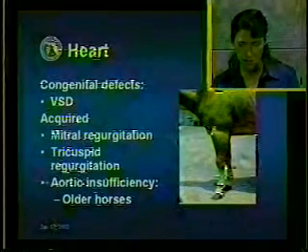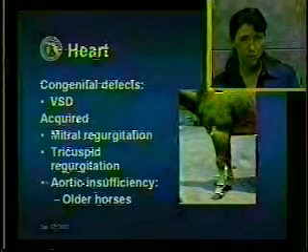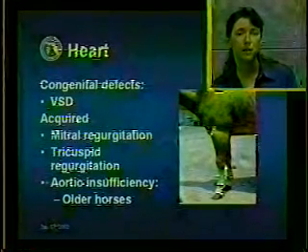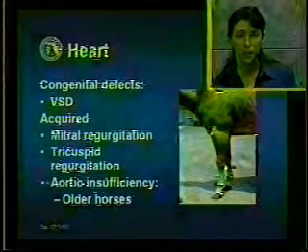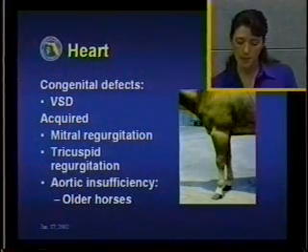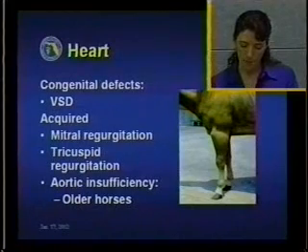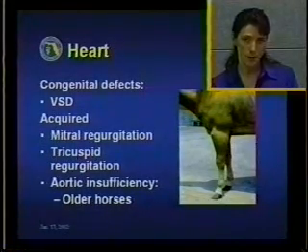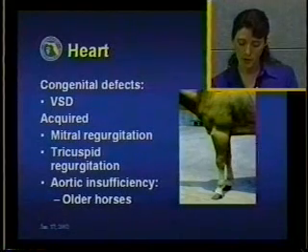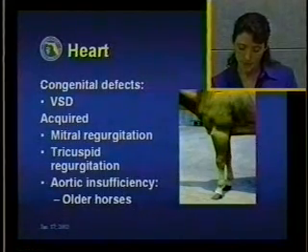Aortic insufficiency is most commonly observed in older horses, and most of the time this will be an incidental finding not associated with any clinical sign in particular, but in the case where it is associated with exercise intolerance or signs of congestive heart failure, the prognosis is more guarded.